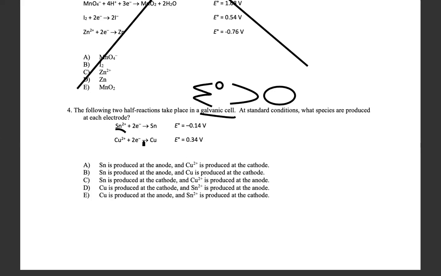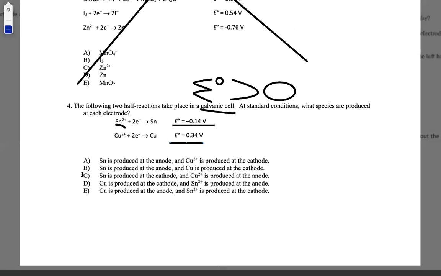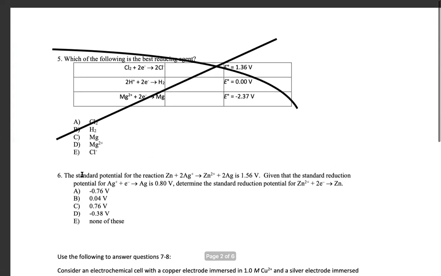Usually it would be a lot simpler, because they're both gaining electrons, so they'd both be reduced. But I believe this one, since it's negative, is going backwards. So that means it is going to be the anode, and this would be the cathode. Confusing, I know. You'll understand it more after Wednesday.